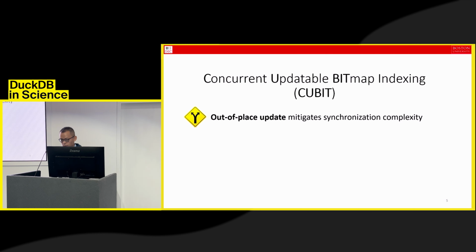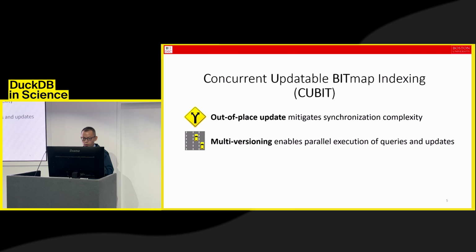This way, the update becomes very lightweight. The second building block is multiversioning, which helps Qubit separate queries from concurrent updates, such that we can guarantee that queries always complete in a finite number of steps, even if there is a heavy update workload.